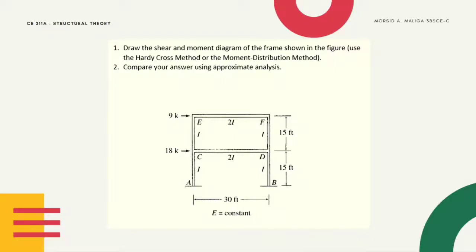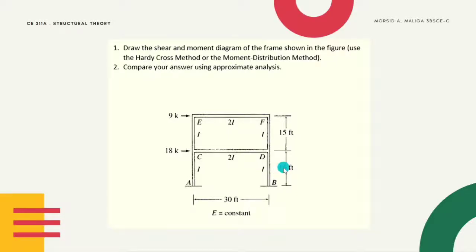Second, after solving the values for the shear and moment diagram, ang gagawin natin is co-compare natin ang answer natin using approximate analysis. So, ayun siya, makikita natin dito, may mga point, joint A, joint C, joint E, joint F, joint D, and joint B.